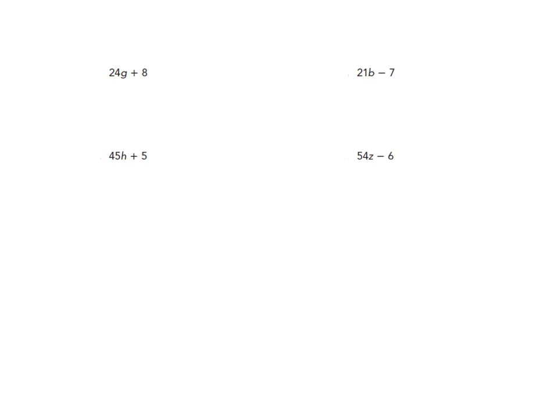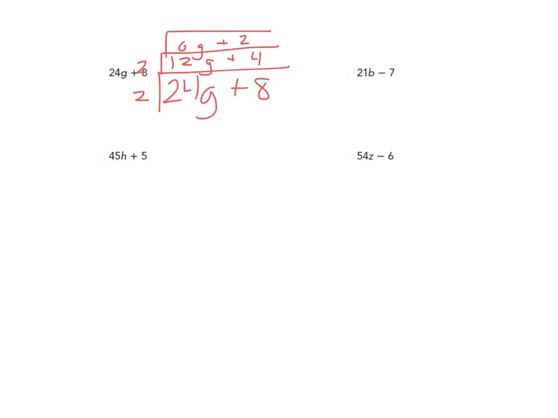Starting with the first one, 24g plus 8. I'm going to think, what can they all be divided by? They can be divided by 2. That gives me 12g plus 4. And those can be divided by 2 as well. That's 6g plus 2, and those can be divided as well.